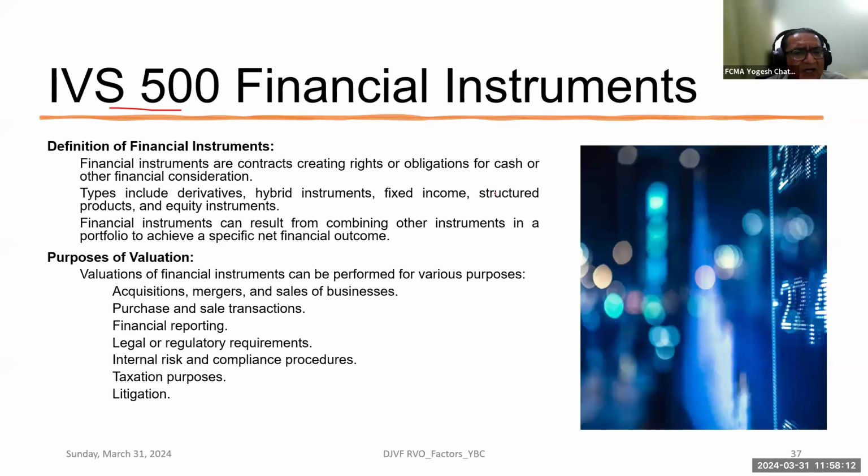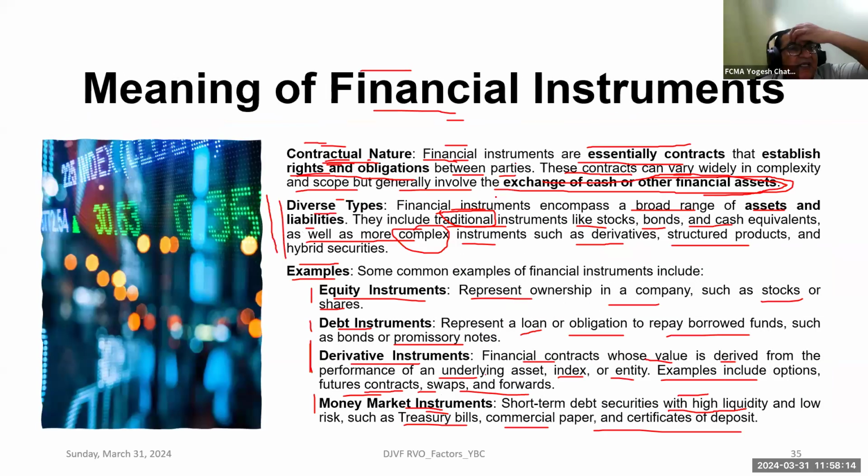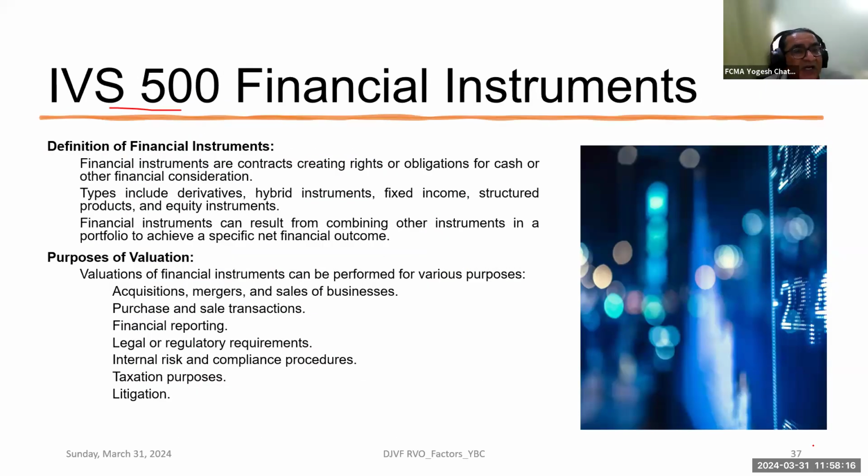In simple words, first I have highlighted, and then what is the guidance. A definition of financial instrument: these are contracts creating rights and obligations for cash or other financial consideration. Types include derivative contracts and hybrid instruments.